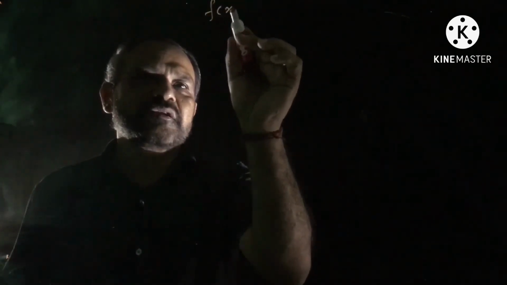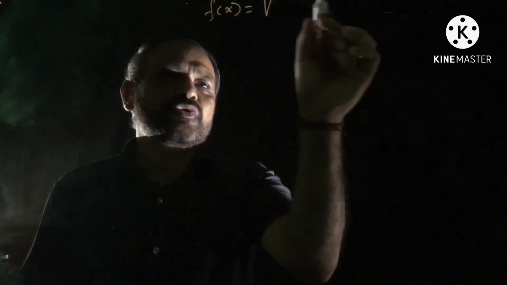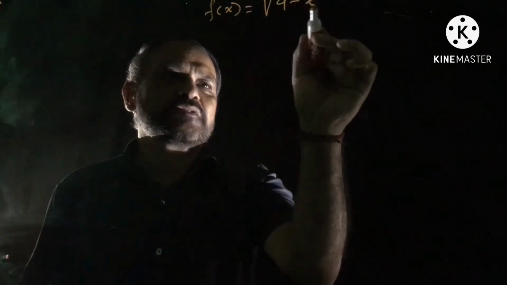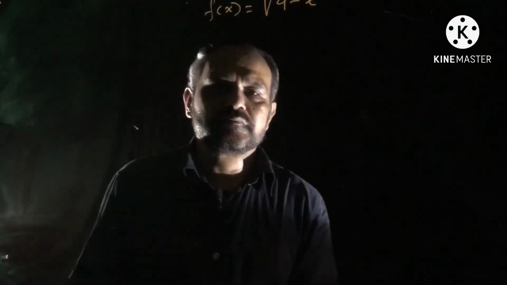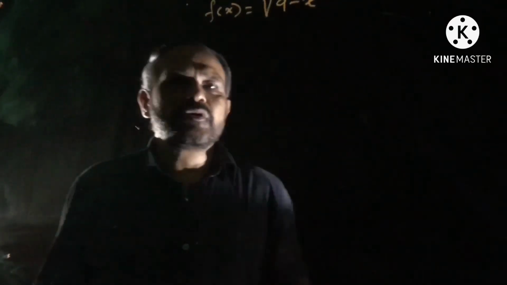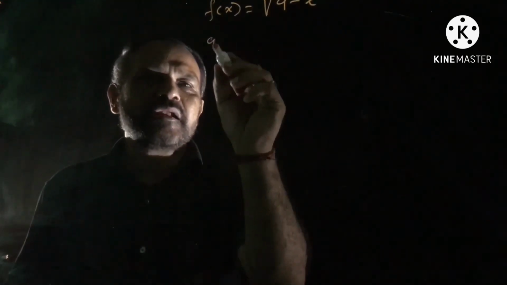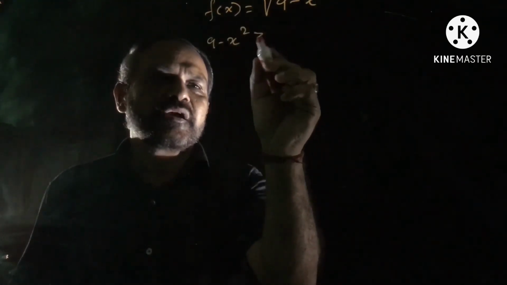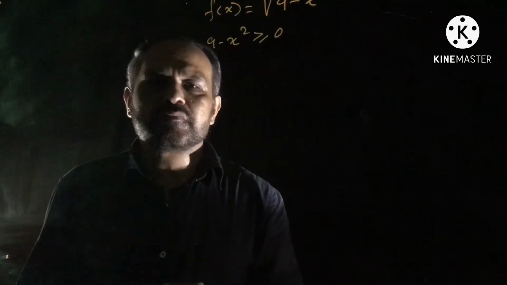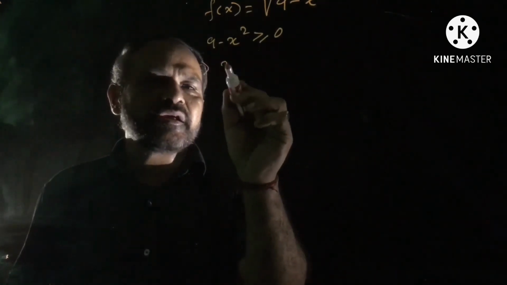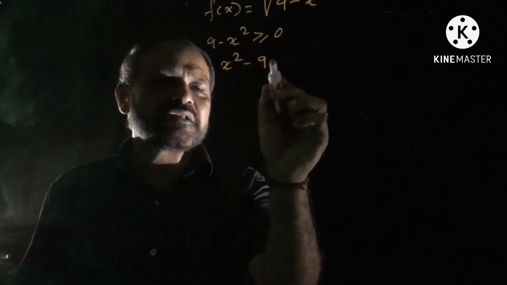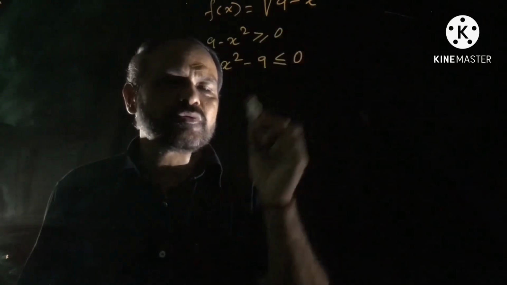f(x) is equal to square root of (9 minus x square). Here also, for the domain, 9 minus x square must be greater than or equal to 0, or we can write x square minus 9 less than or equal to 0.